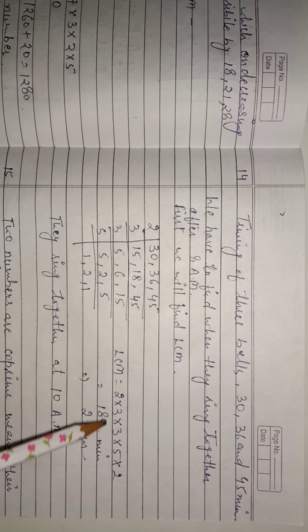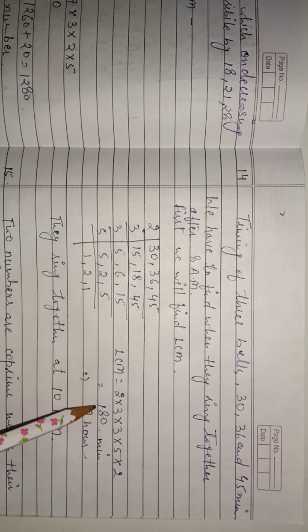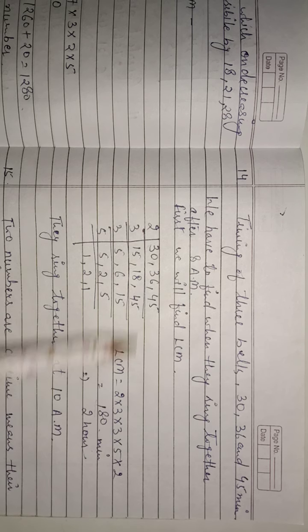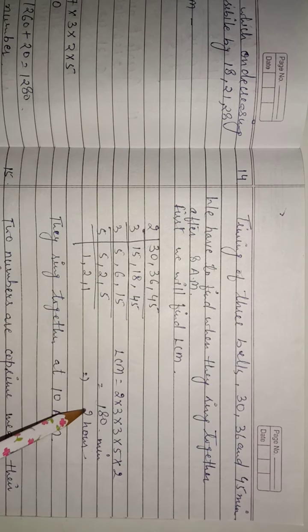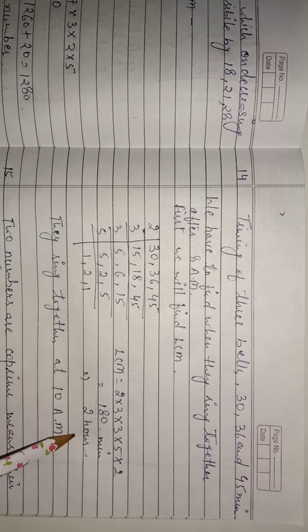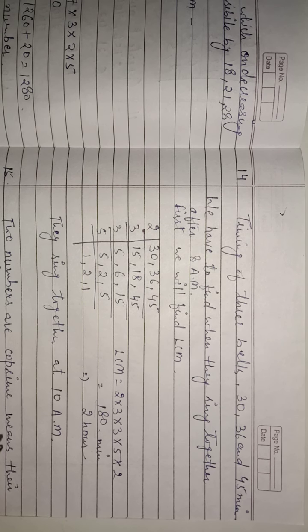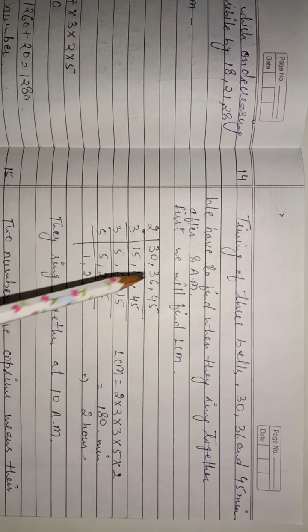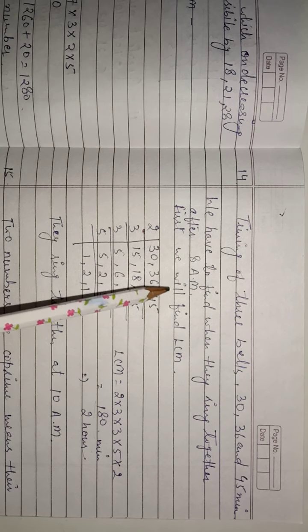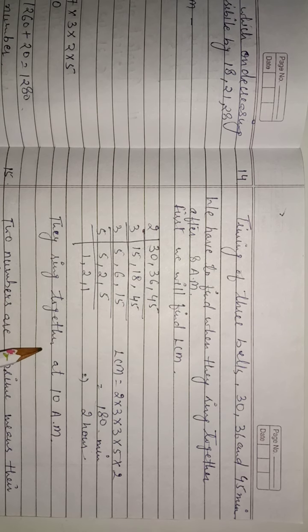The LCM is 180 minutes, because here 30, 36 and 45 are minutes, and 180 minutes equals 2 hours. So we have to tell after which time they will ring. That means after 8 AM, they will take 2 hours. So we can say that they ring together at 10 AM.